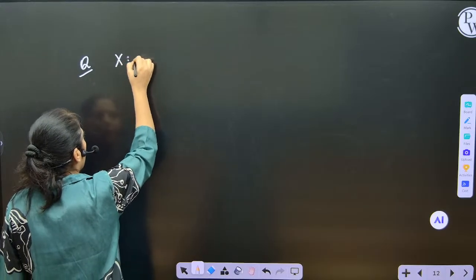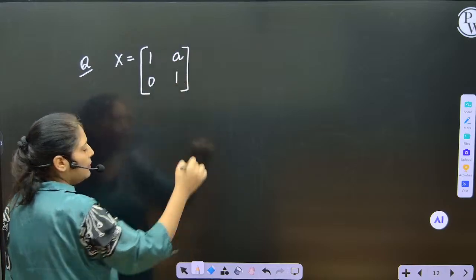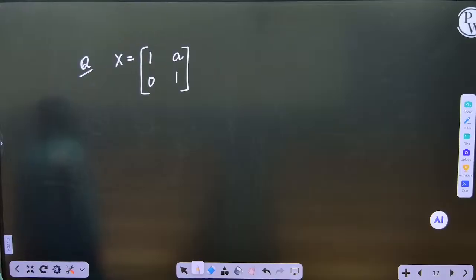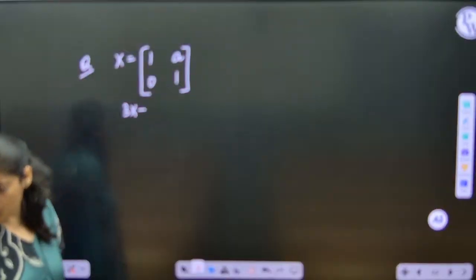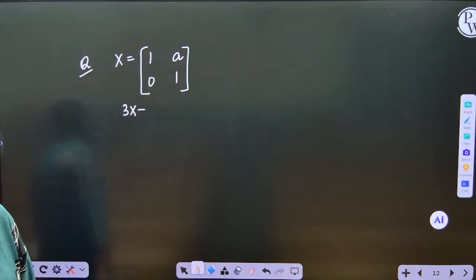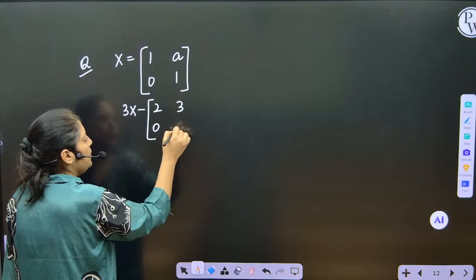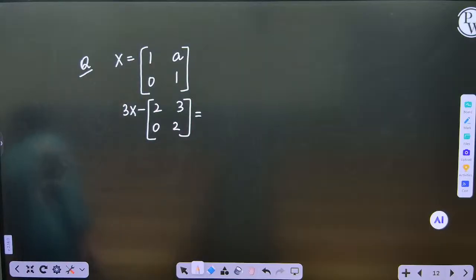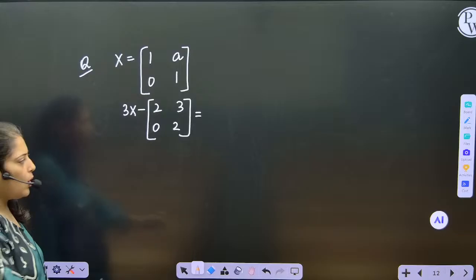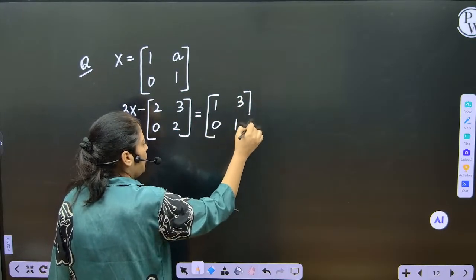First, X matrix is given as 1, A and 0, 1. And it is also given as 3X minus another matrix 2, 3, 0, 2. After applying this operation, the answer is already given to us, we'll get 1, 3, 0, 1.